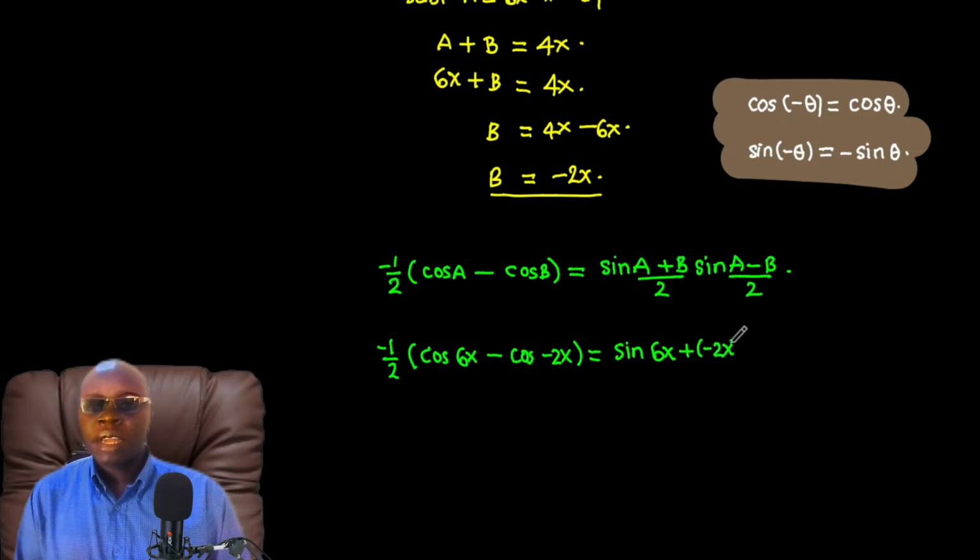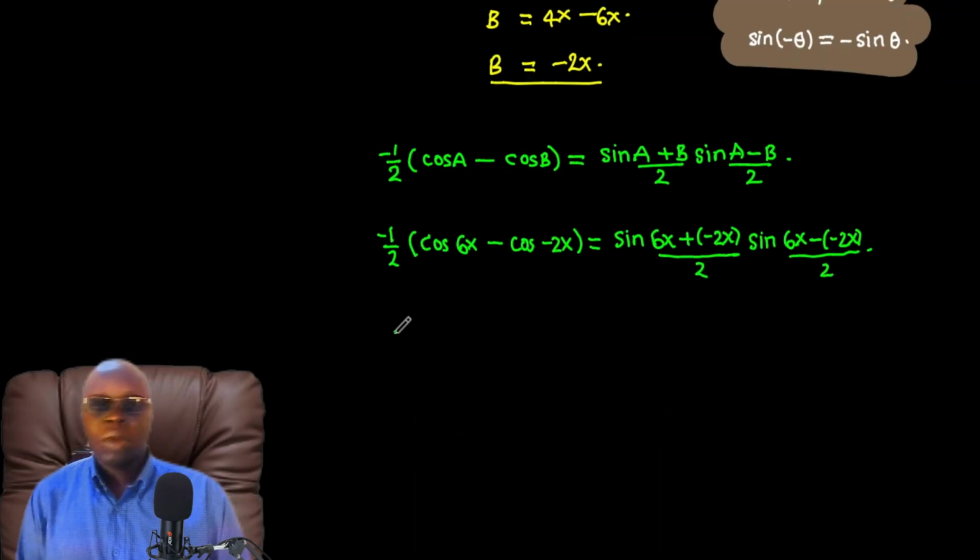We have negative 2x all over 2 times sine, and sine is of 6x minus, again the angle is negative, let's first place it in the bracket in order for us to come out clearly without any confusion.